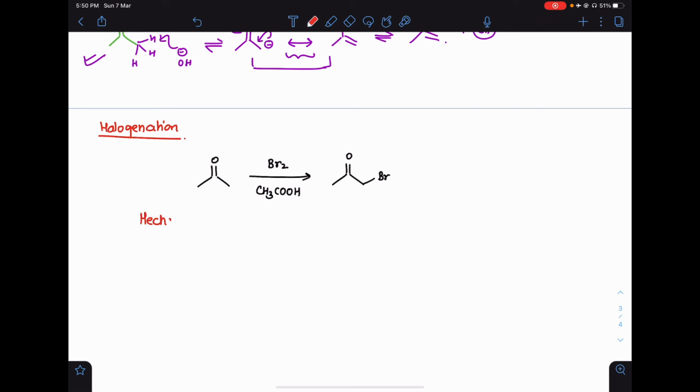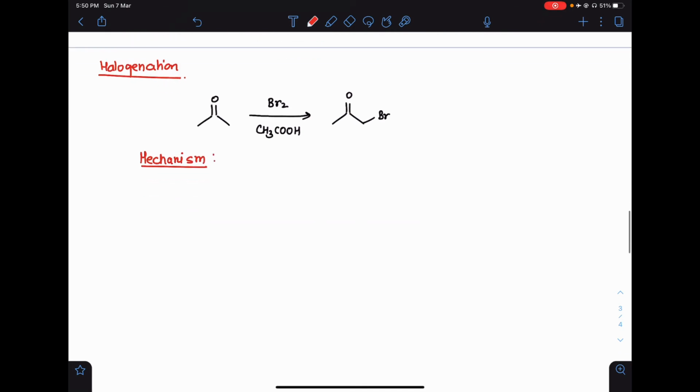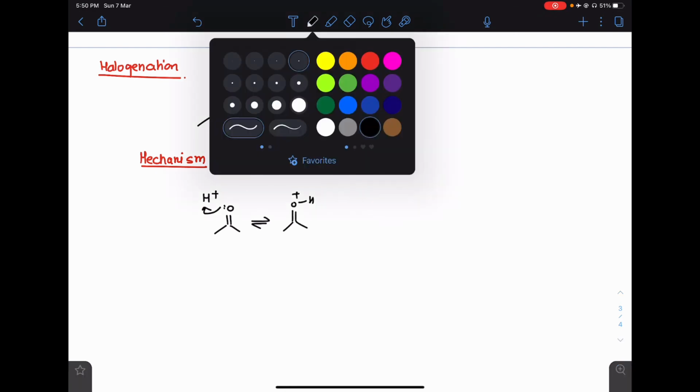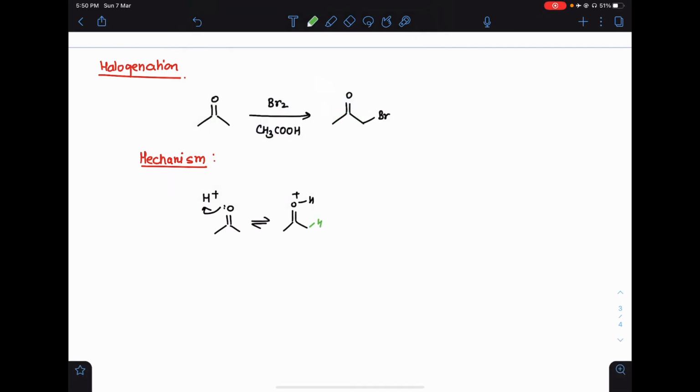If we talk about the mechanism, it is going to be very, very easy. In acidic medium, we will have H plus, and the carbonyl compound is there. So what will happen? Oxygen is going to donate its electron to H plus, right? So you will have OH positive. Now there are alpha hydrogens present. If I show you the alpha hydrogen, this is what it looks like.